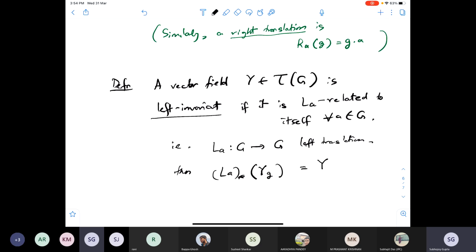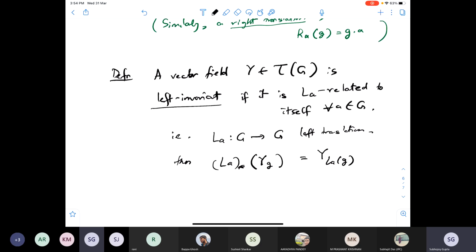The push forward will take it to the point L_A of G, so it's going to give you the vector of the vector field there. This happens for all G.